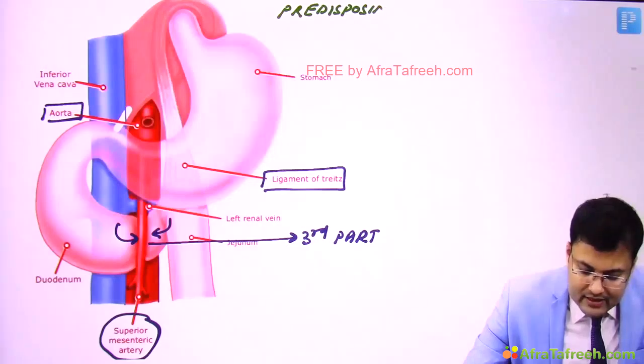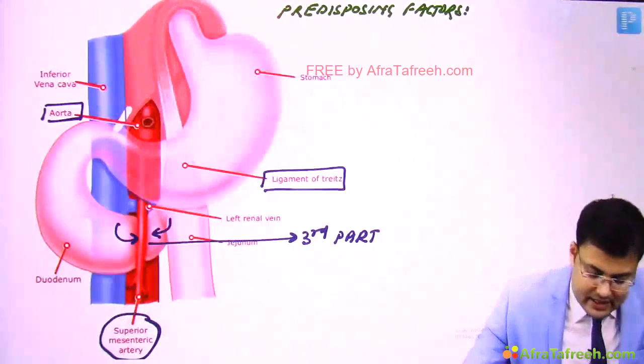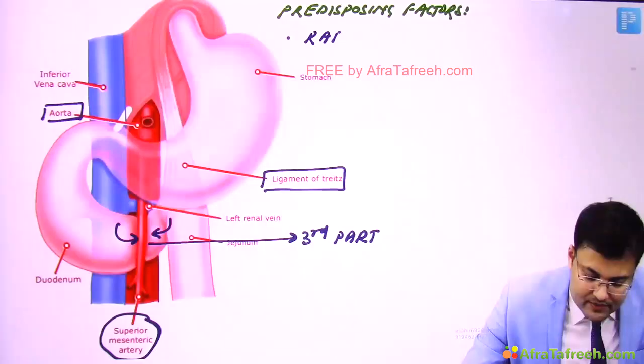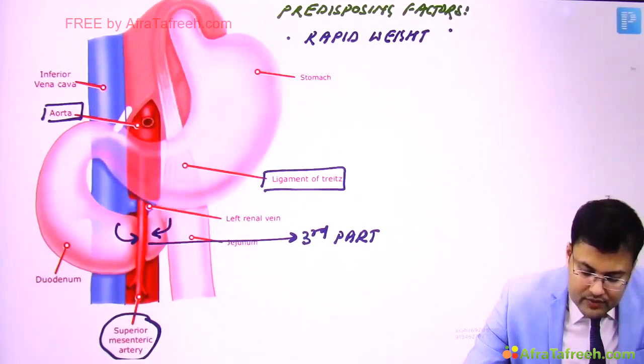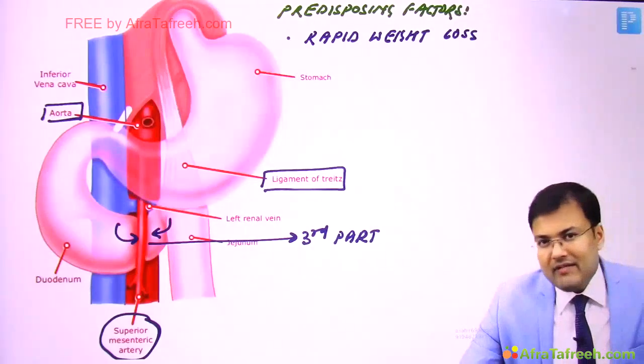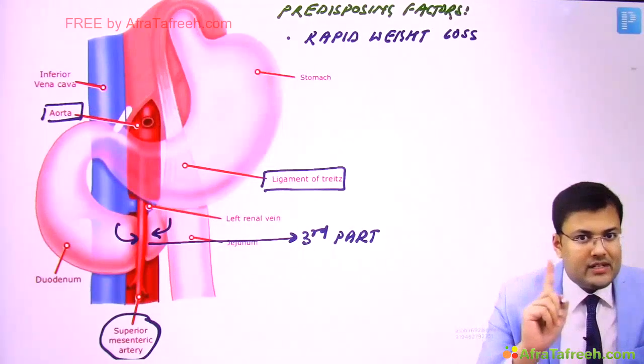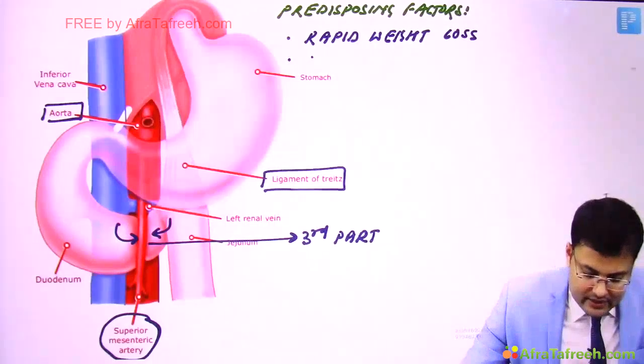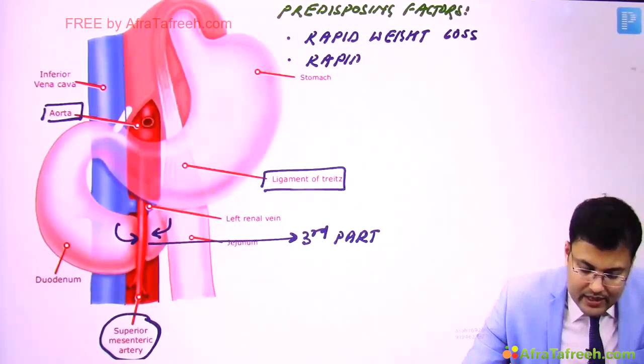So see what the predisposing factors are for superior mesenteric artery syndrome. First, if there is rapid weight loss, or if the patient is having rapid gain of height, so these patients are lean and thin.